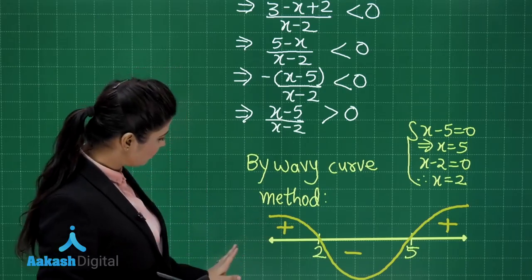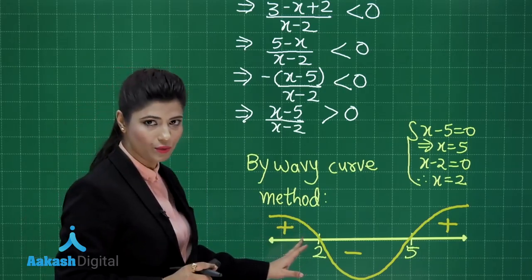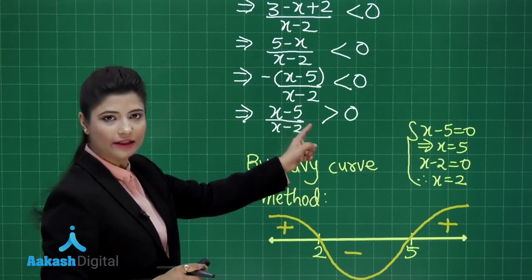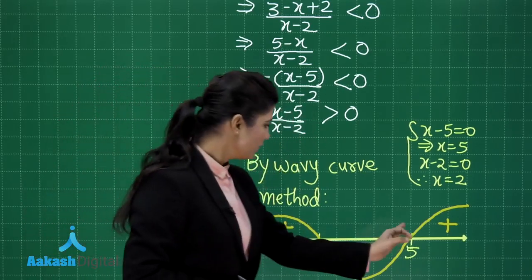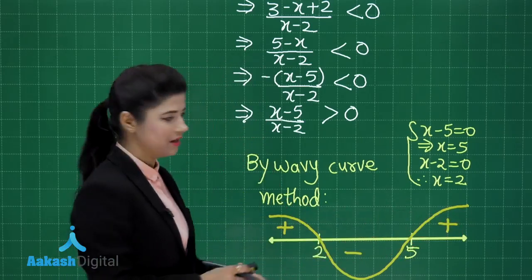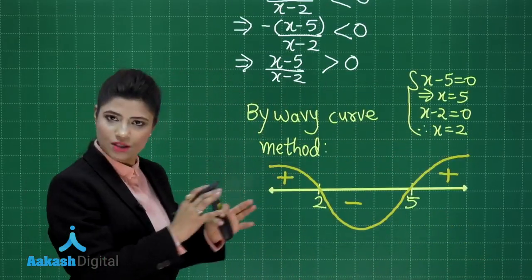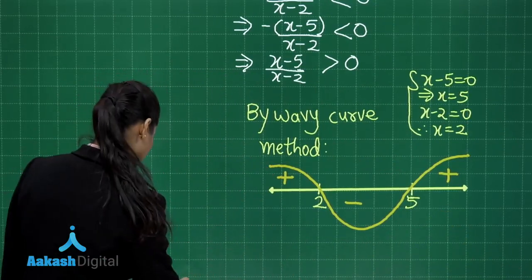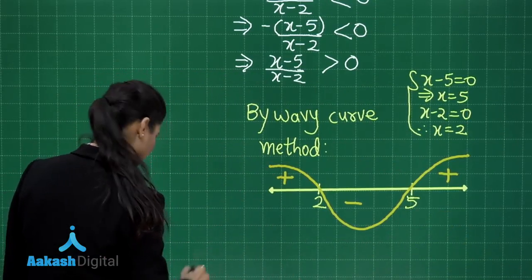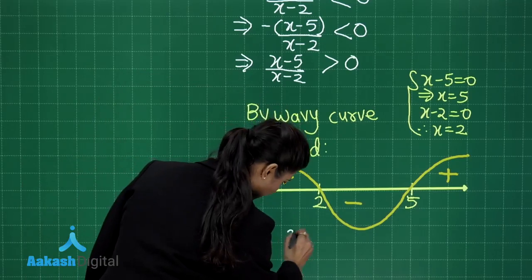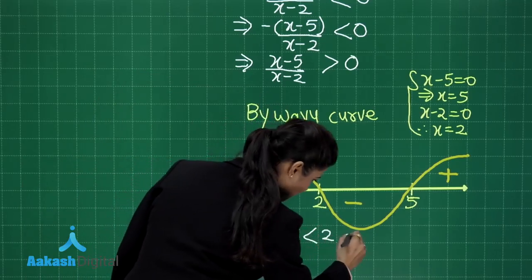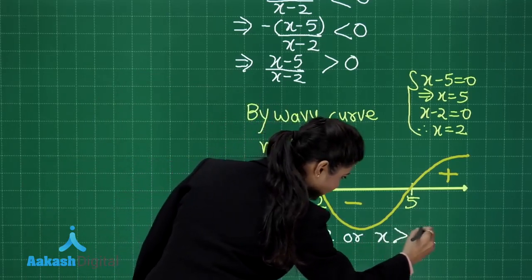Positive values lie from minus infinity to 2, where 2 is not included because this is an inequality of just greater than, and from 5 to plus infinity. So in other words, the value of x which is satisfying this condition is clearly given by x less than 2 or x greater than 5.